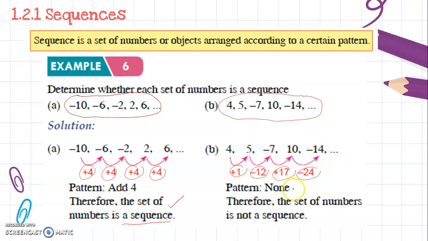Since there is no pattern involved, you cannot say this one is a sequence. A sequence is a set of numbers that must involve a pattern. If there is no pattern, we cannot call it a sequence.